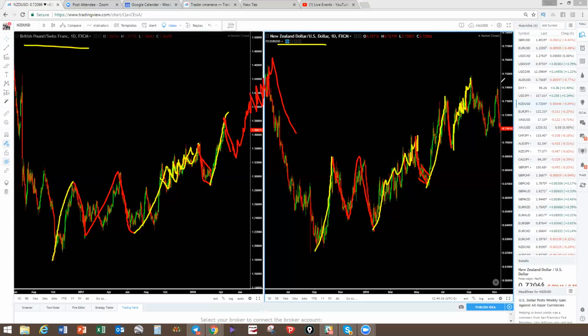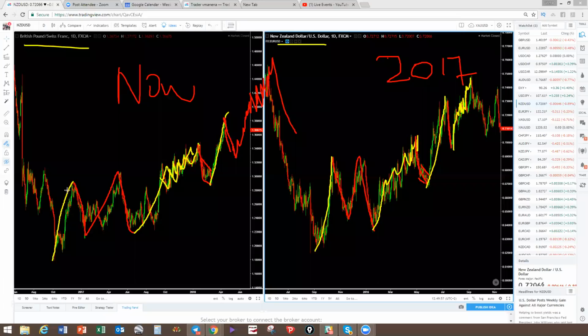Sorry, last year, 2017. This is 2017. This is now. But look at the structures. Okay? It's exactly the same. All right, so what you're going to be looking at on pound CHF is continuation to the downside.